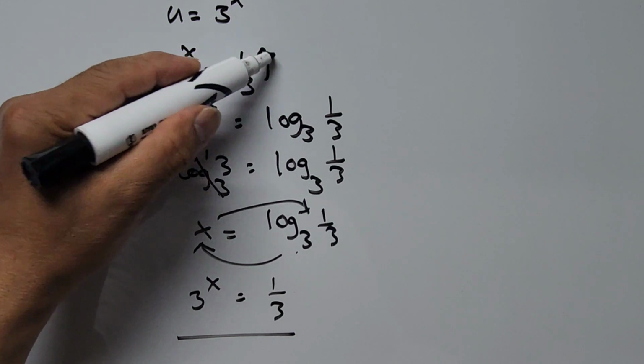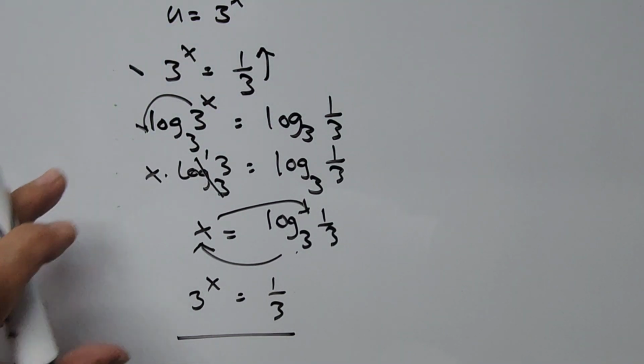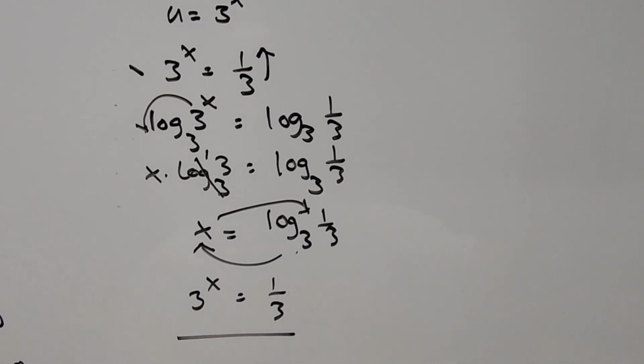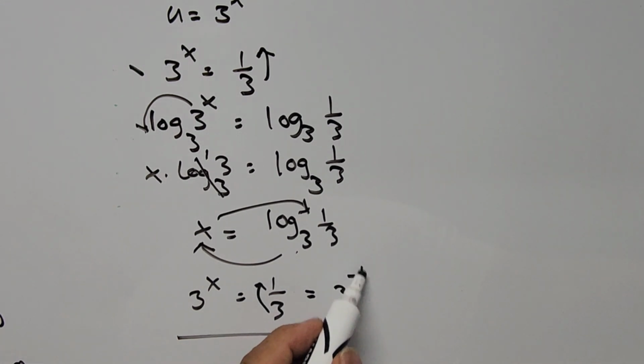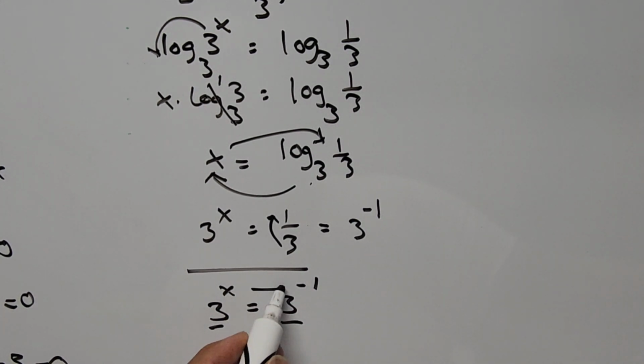So we can write the right-hand side as 3 to the power of -1. And so we have 3 to the power of x is equal to 3 to the power of -1. By comparison, x is equal to -1. So that's the value of x.